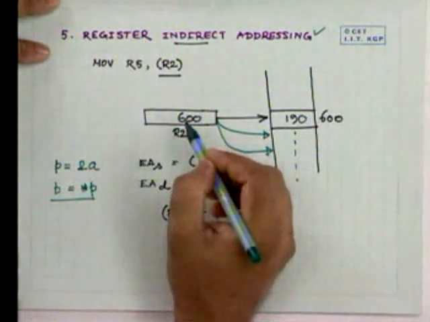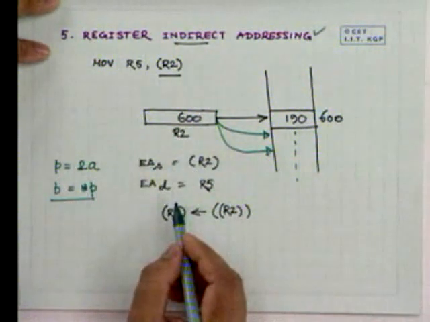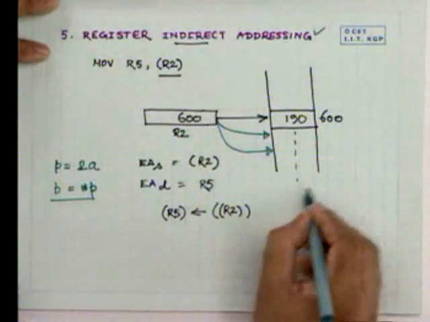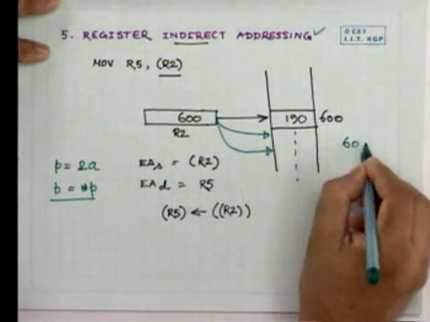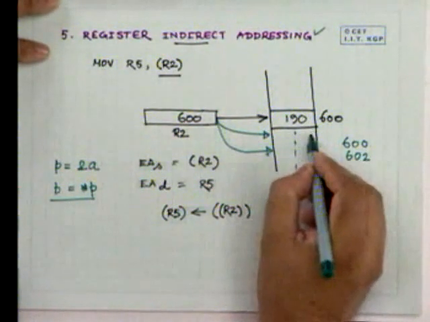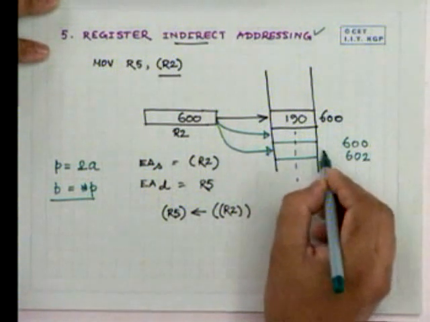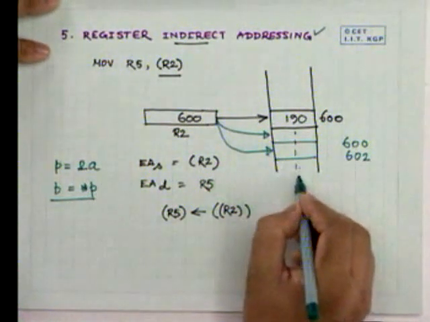By just incrementing the value of the content of R2, say first time it is 600, then say we increment by 2 to come to the next location, say 602, then we come to the next location, say 604, and so on.